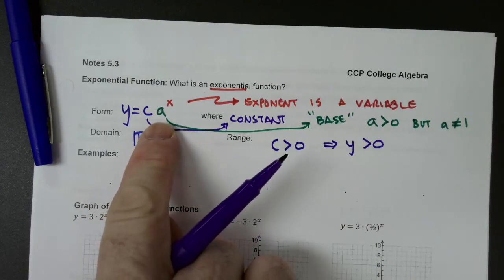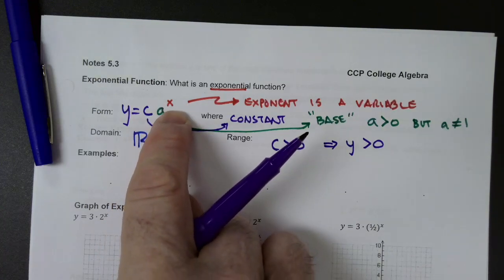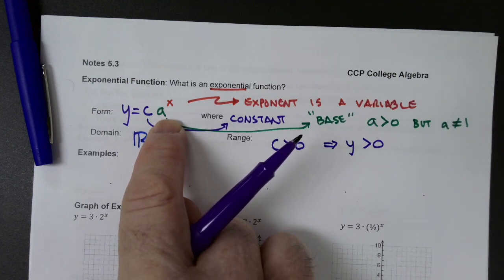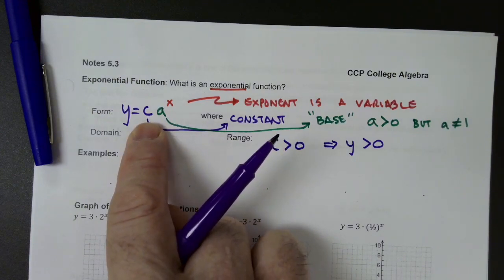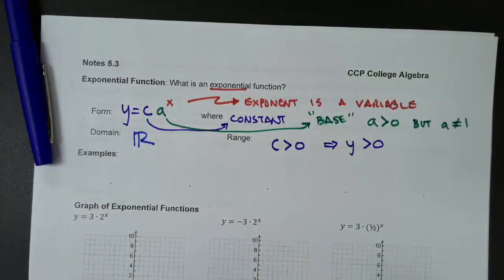Okay, remember, a is going to be a positive number, so no matter what we do with our exponent, that exponent of a positive number is going to be a positive. So if c is a positive number, all we are going to get here are positive numbers out of it.